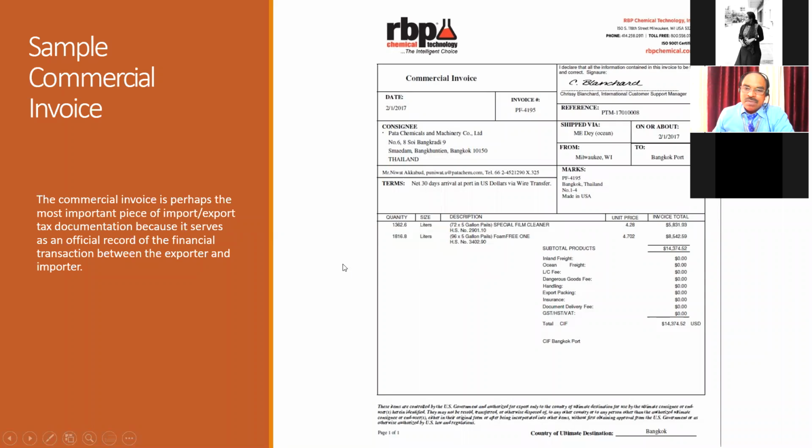Here they mention the description and up to which place the charges will be made. Payment is due 30 days after arrival at port, in US dollars. The amount should be mentioned in terms of wire transfer, that is online transfer.